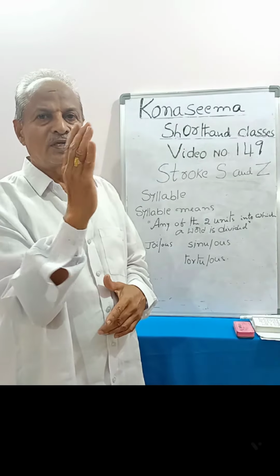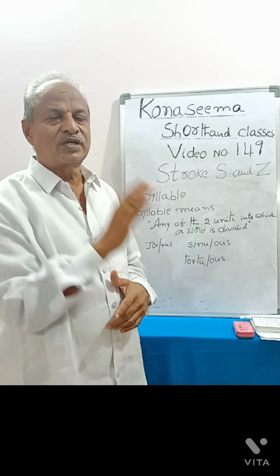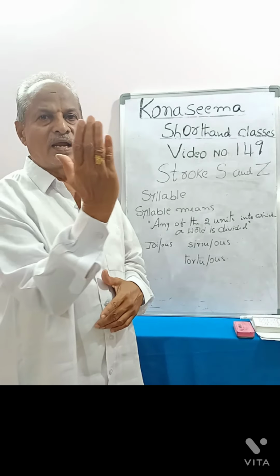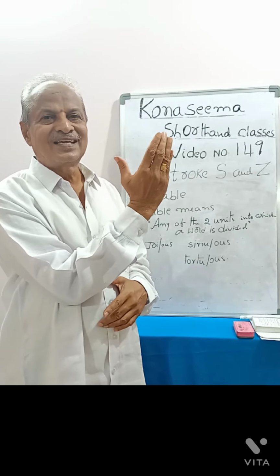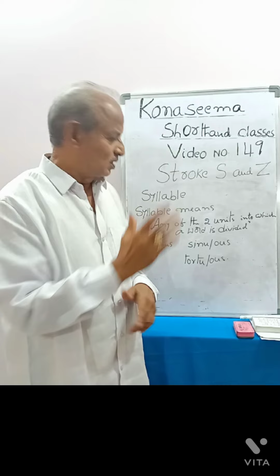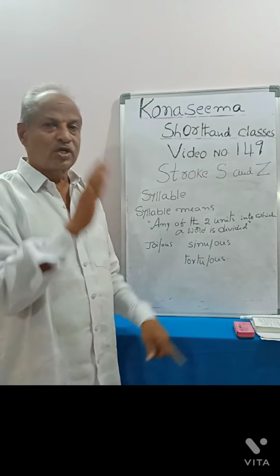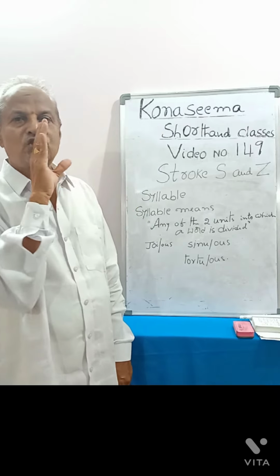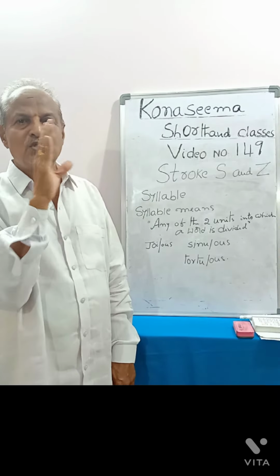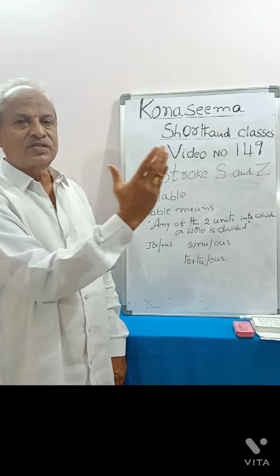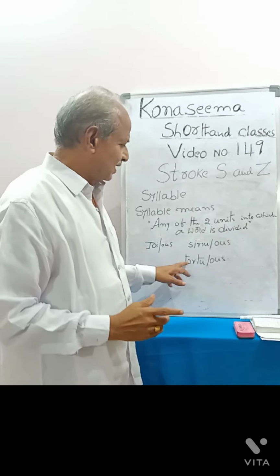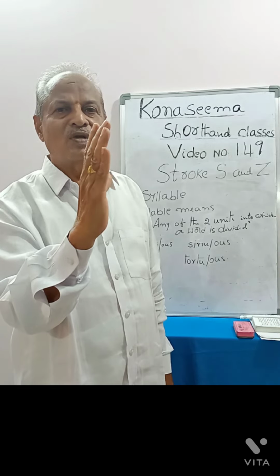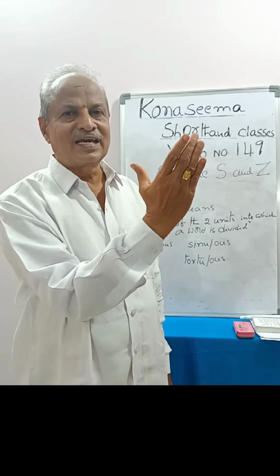This is one unit and this is the second unit. Joy is a syllable and us is another syllable. Like that, sinuous: sinew, us. Sinew is one syllable and us is the other syllable. Like that, tortuous: tortu is one syllable, us is the other syllable.